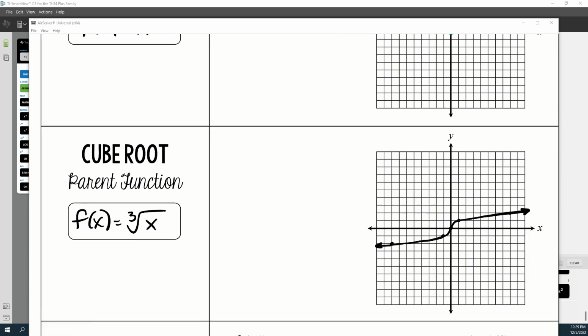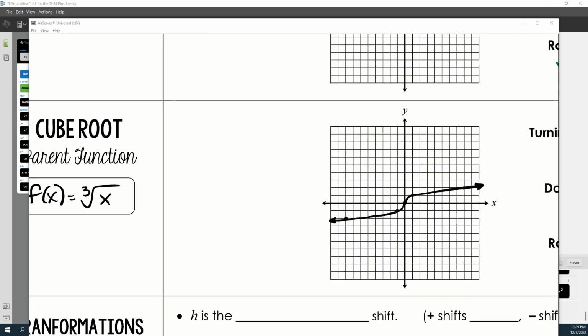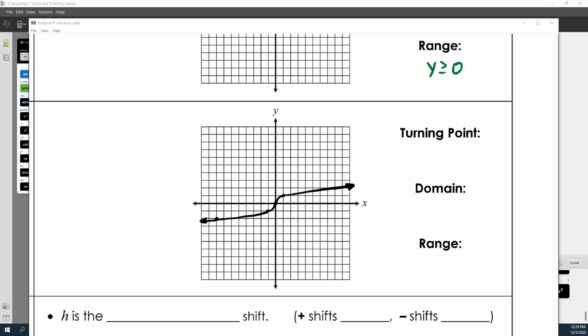All right. And then for the cube root function, I always tell my students it kind of reminds me of a snake for some reason. I don't know why. But on the cube root function, the turning point, which is this point right here, if there's no shifting, is at (0, 0). This one has an arrow pointing to the left and an arrow pointing to the right.